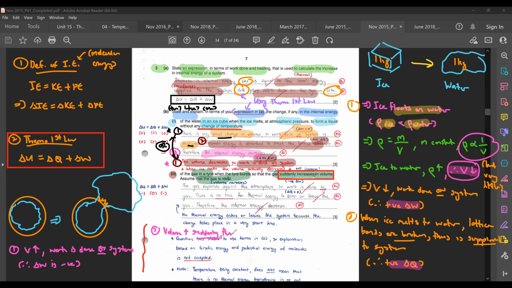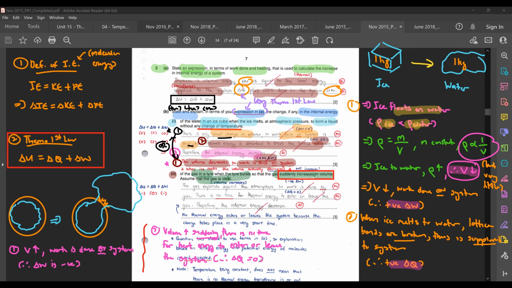Because the volume increase suddenly, there is no time for heat energy to enter or leave the system. Therefore, delta Q is 0. Okay.